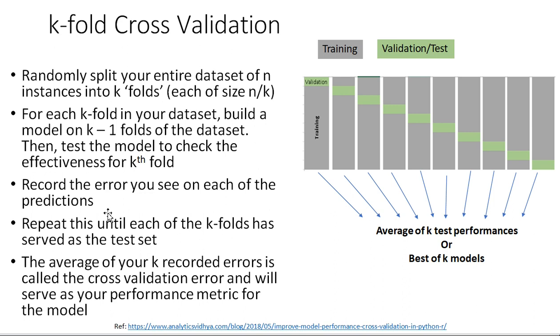Record the error you see on each of the predictions. Repeat this until each of the k folds has served as the test set. So there won't be any misclassification of the classes. The average of your k recorded errors is called the cross-validation error and will serve as your model performance metric for the model.